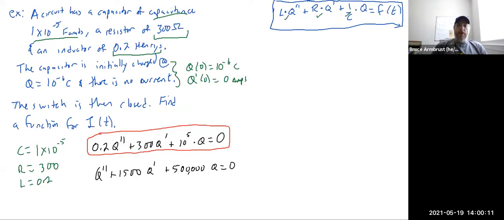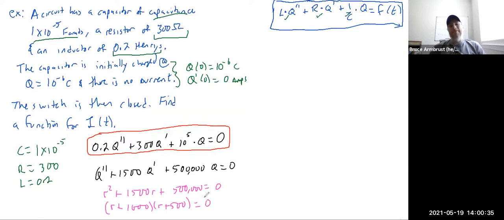All right, so now let's solve the homogeneous, because that's all we have to solve. These are constant coefficients, so I just have to take care of this polynomial. And luckily, this one's nice in factors.